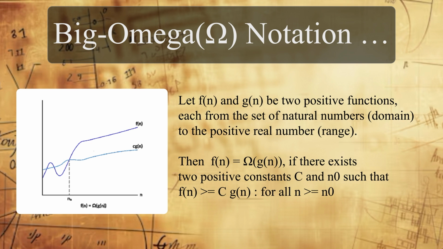Now look into the graph, it clearly defines this. Fn is at the top and Cgn is the line at the bottom, and beyond N0 Fn exceeds Cgn, right. So that is the basic definition for big omega notation, which defines the lower bound.